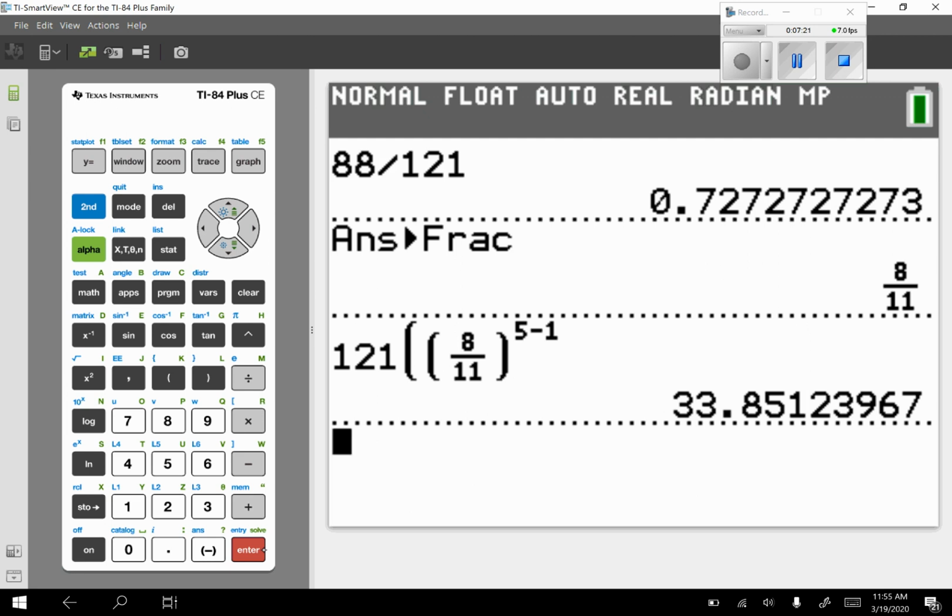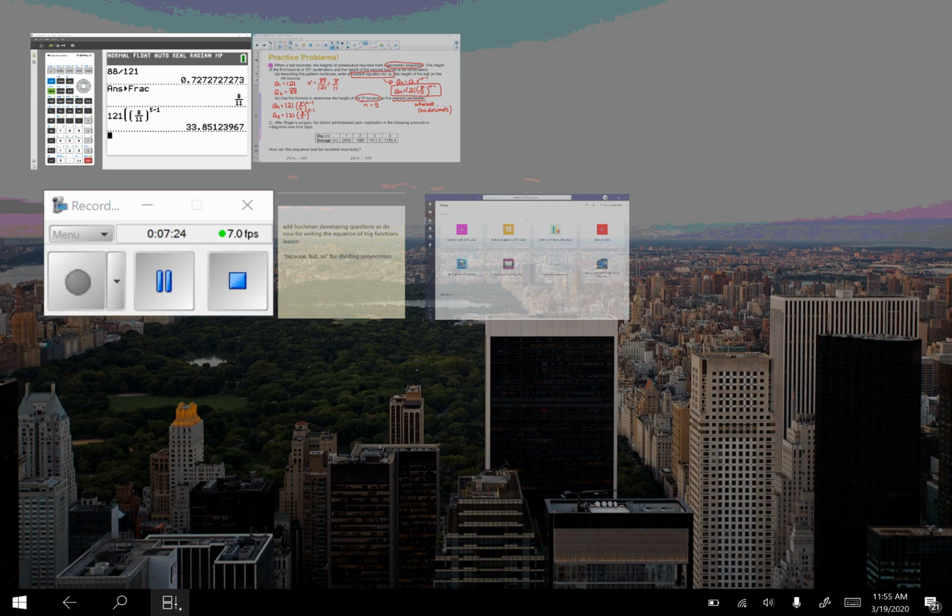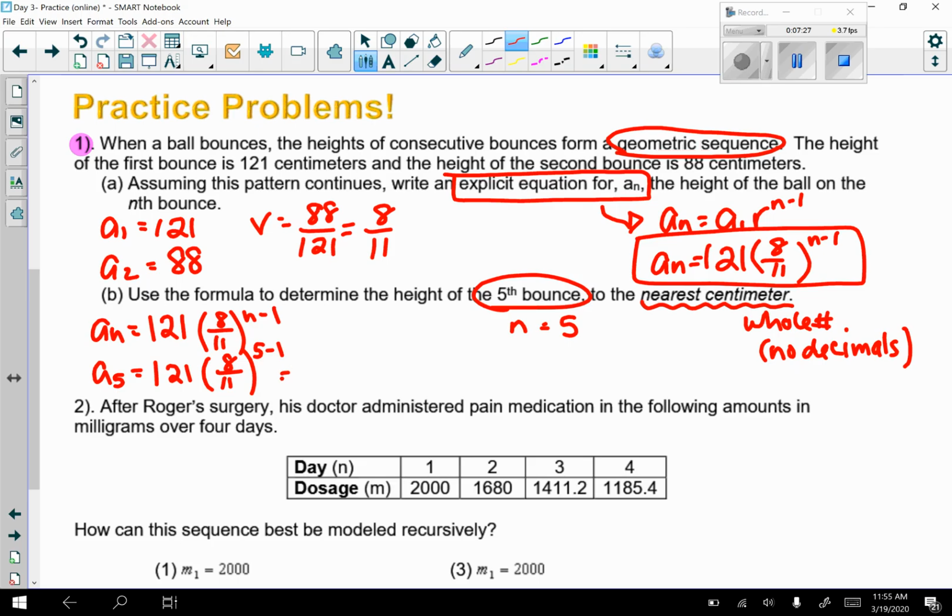I'm going to get 33.85 and so on. I always write down my unrounded answer first. Whole number, so I go one past it. That tells me to round up, so 34.